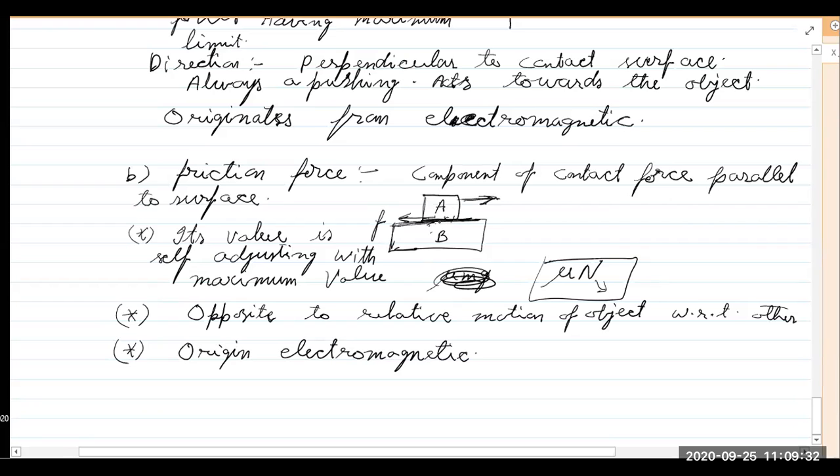So those forces are electromagnetic in nature. Most of the forces in day-to-day life which we experience are either gravitation, that is the gravity part, and next is the electromagnetic. Okay. So this is the friction force.